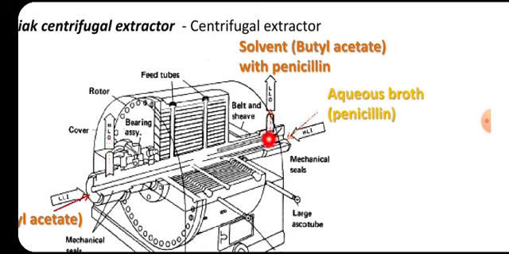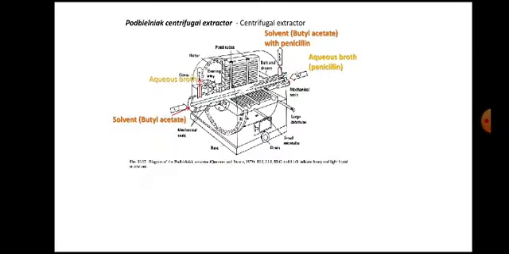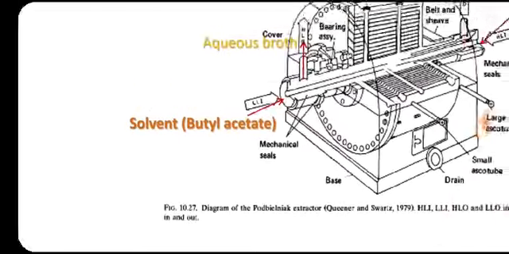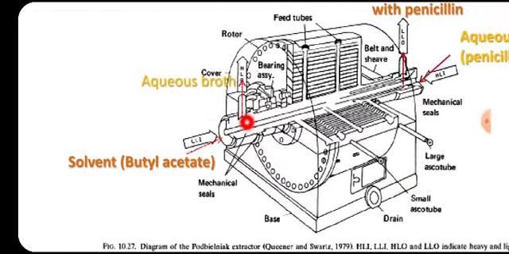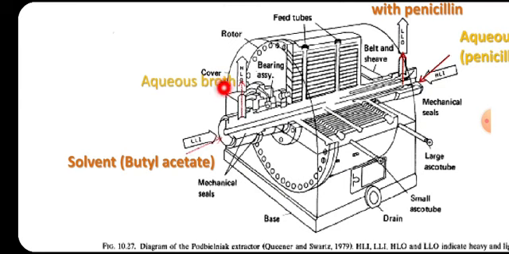Now here, due to counter current interaction, the solvent which is coming out will be enriched with penicillin, and from the other end there will be release of aqueous broth.